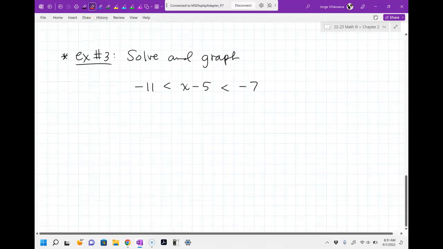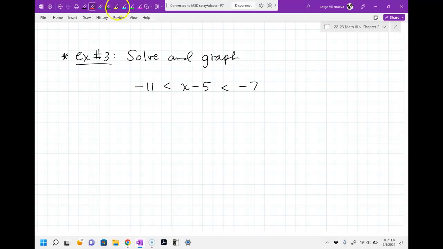Now, I have to break this apart. I'm going to create one problem using this and another problem using this. I'm going to use the middle twice, but I'll use the left side and the left side inequality with the middle. And then I'll use the right side and the right side inequality with the middle. So I'm going to write two different problems.